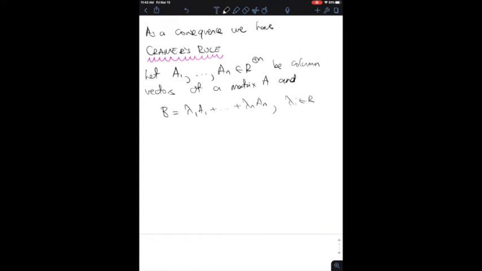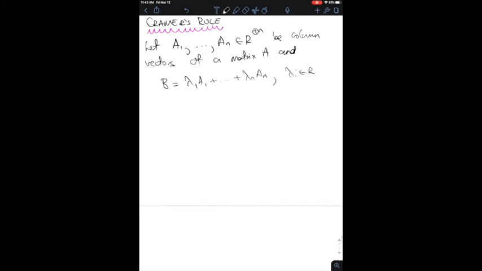Cramer's rule will tell you what happens if you replace the ith column with this linear combination.